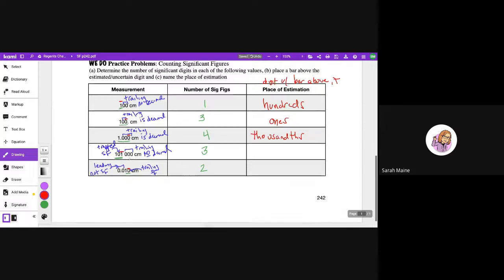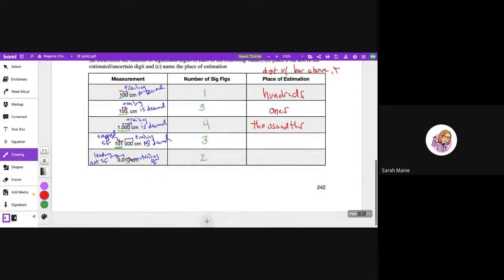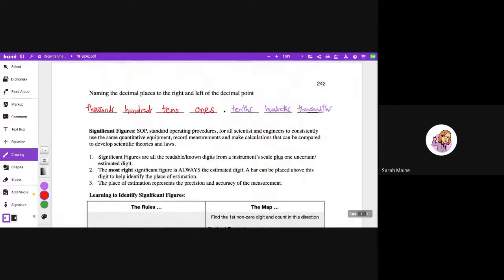Taking a look at the value 101,000 centimeters, the 1 that has the bar above it, I understand my decimal would be here. So it is 1, 2, 3, 4. It is 4 positions to the left of the decimal point. So go back to the top. I find my decimal and I move 4 positions to the left. 1, 2, 3, 4.